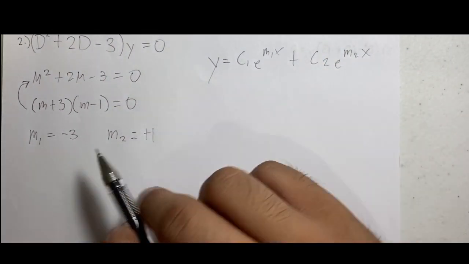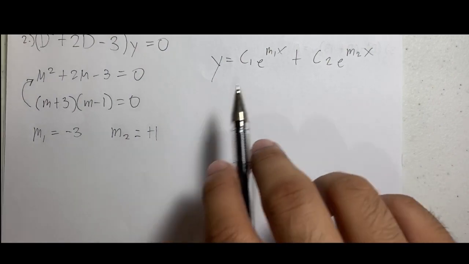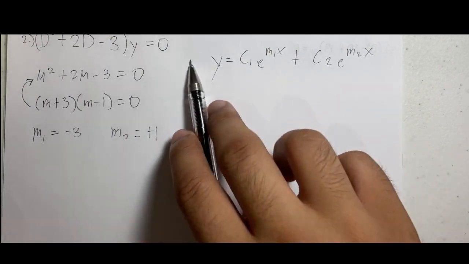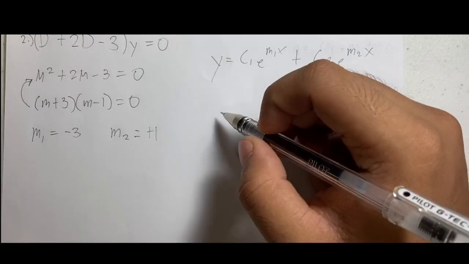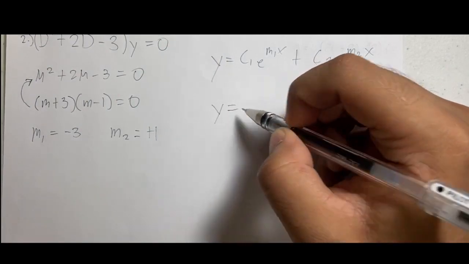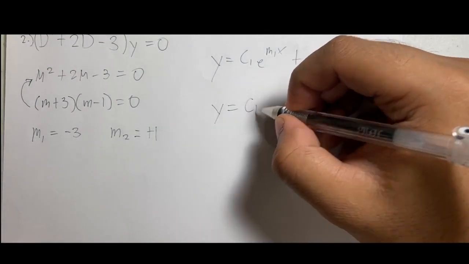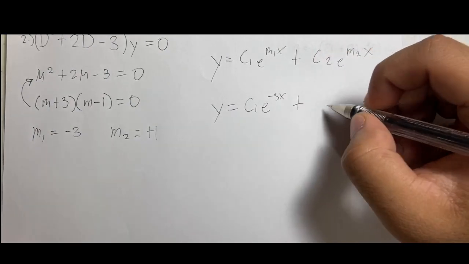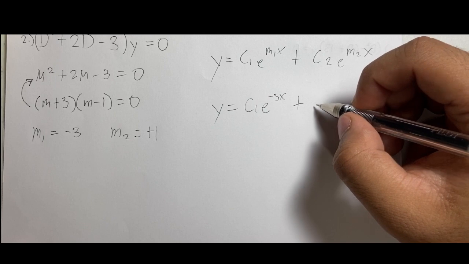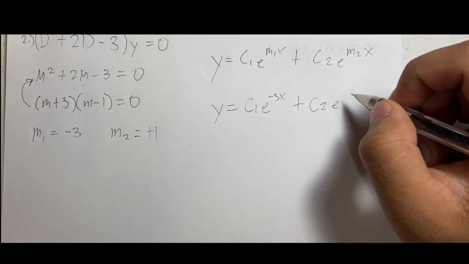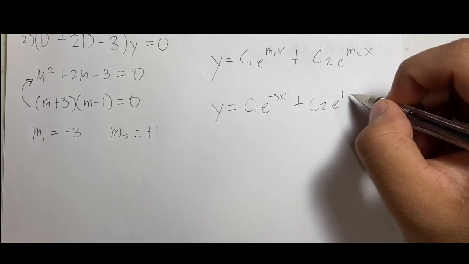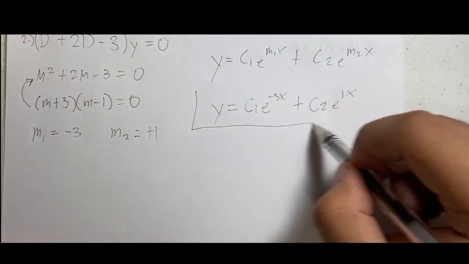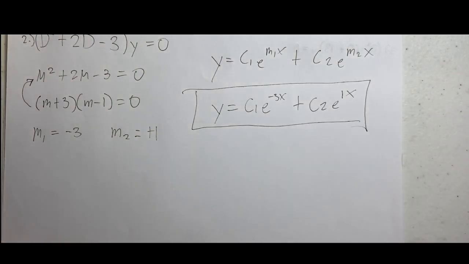So, putting all the roots in this general formula, our final answer will be y equals c1 e^(-3x) plus c2 e^(1x). Now, this is our final answer.